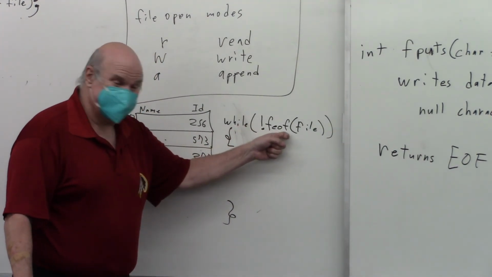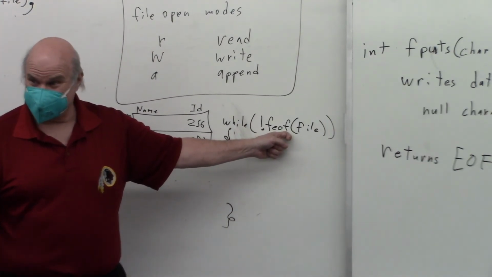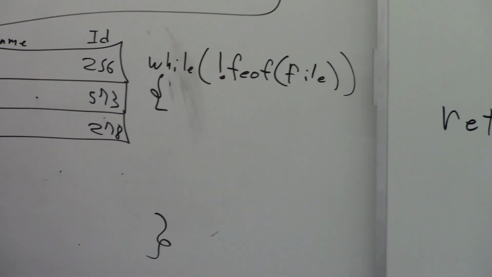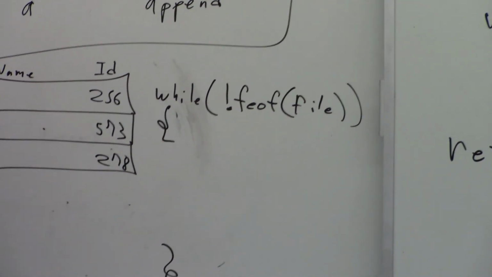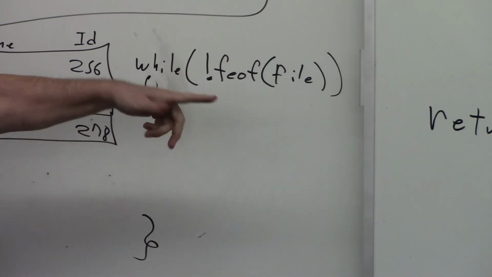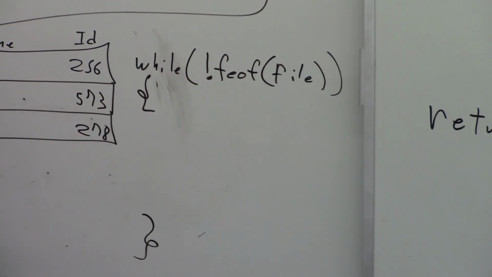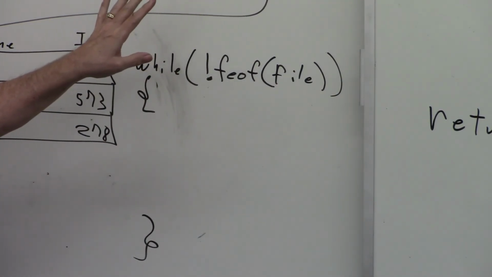In other words, while it's not the end of file, there's still stuff to read, keep reading. That's how it's typically written. Seems a little backwards having to put the not there, but it's been this way since time immemorial.